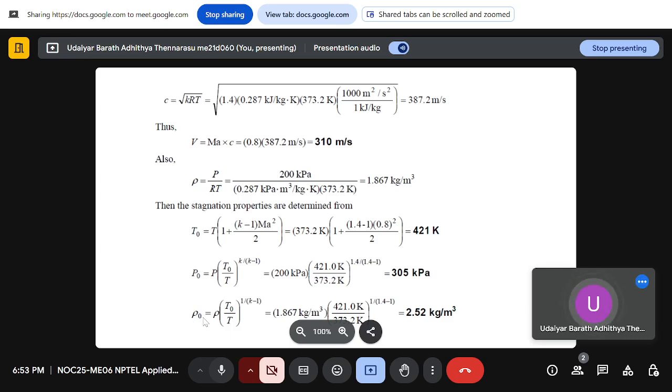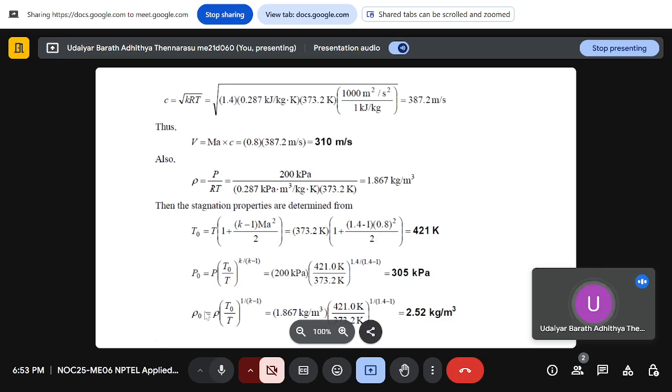Then rho naught uses the same expression you write for an adiabatic process, P V raised to power gamma, or P by rho raised to power gamma, or substituting the ideal gas expression, in terms of temperature and density.